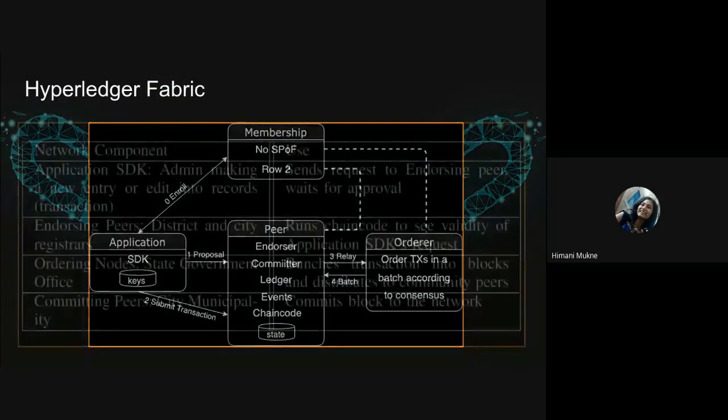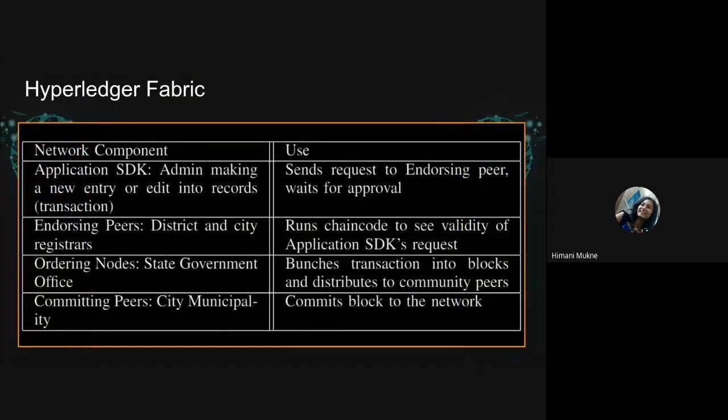So we'll move on. This is how we defined our business logic: the application SDK is where the land record admin will be making new edits or new entries to the transactions, which will then go to the endorsing peers, as discussed.